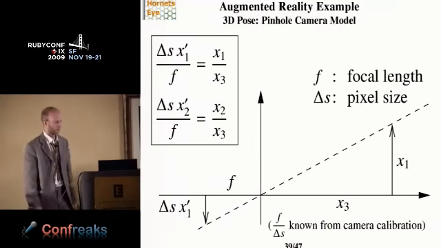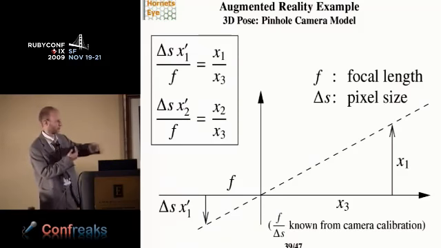So delta S is the pixel size on the camera chip, and F is the focal length, and the ratio F divided by delta S you need to know. But you can, for example, do this using camera calibration, or maybe you can even get it from the specification of the camera.